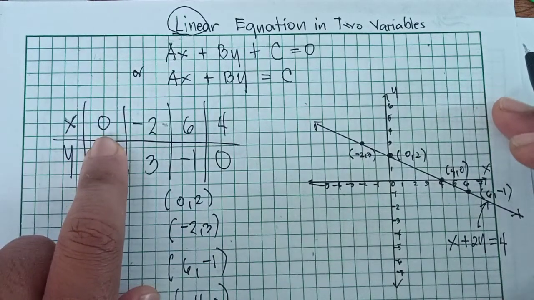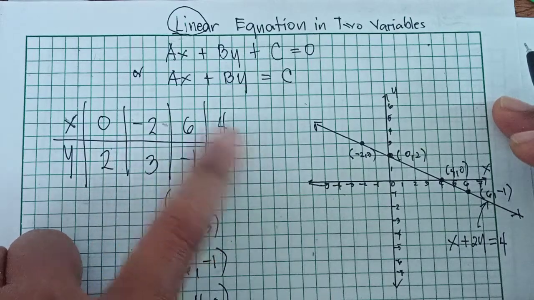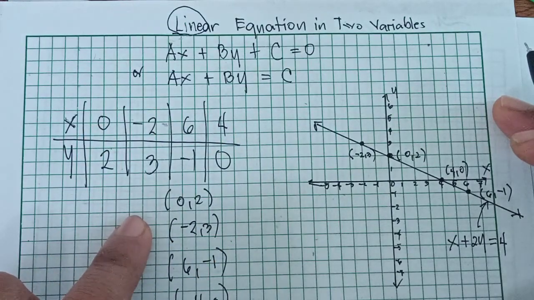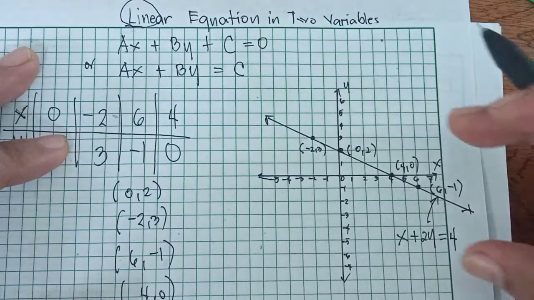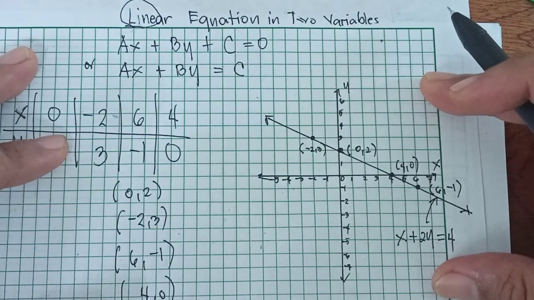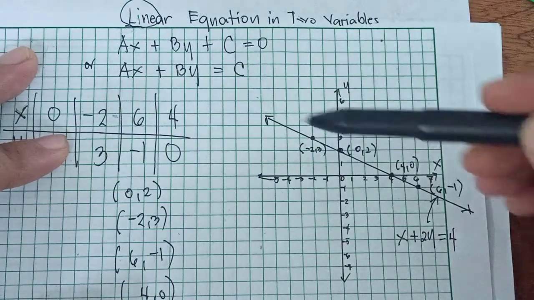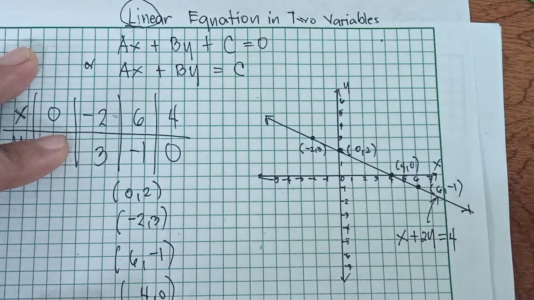Then, assign numbers for x, either 0, positive or negative numbers. Then, solve as we have solved before. Lastly, we graph on a Cartesian coordinate plane to see if our solution is correct, if it forms a straight line after plotting our points. Okay? So, that's it.